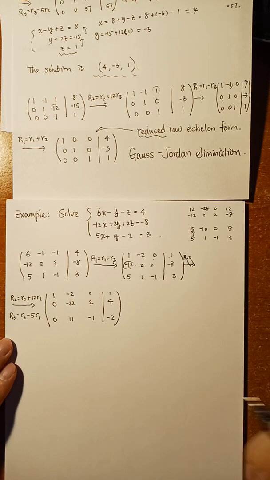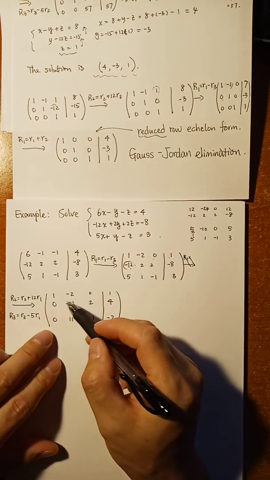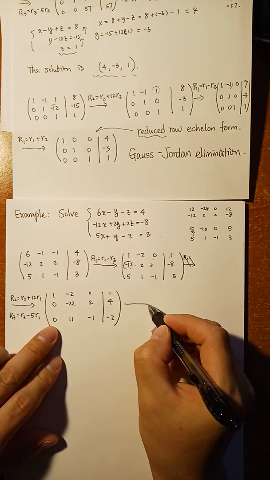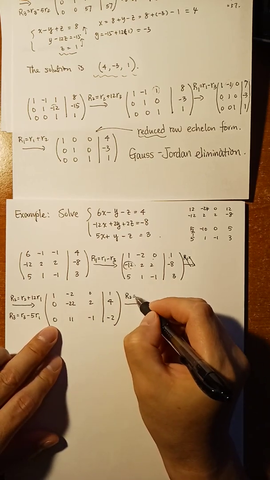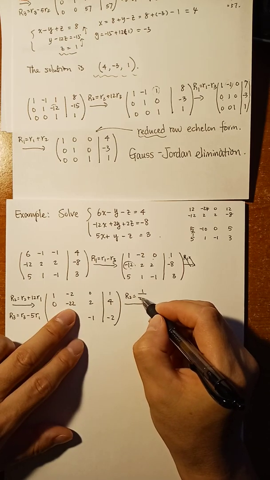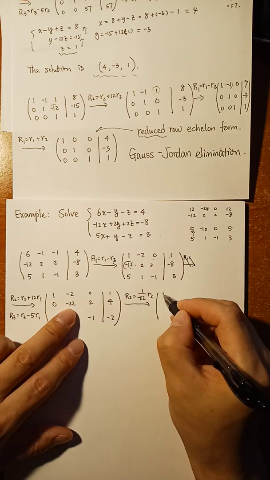Okay, then what's next? Here there's no way to make it simply 0. We just divide row 2 by negative 22.